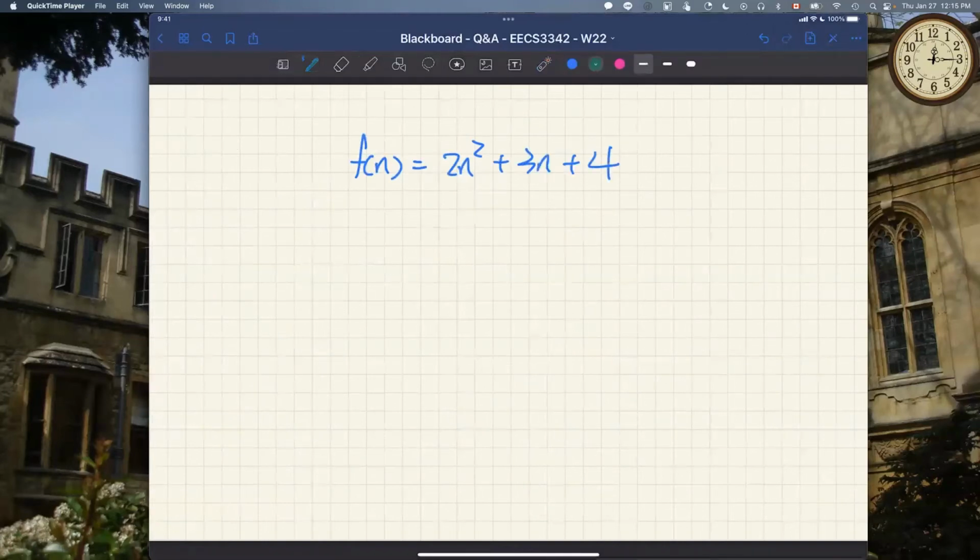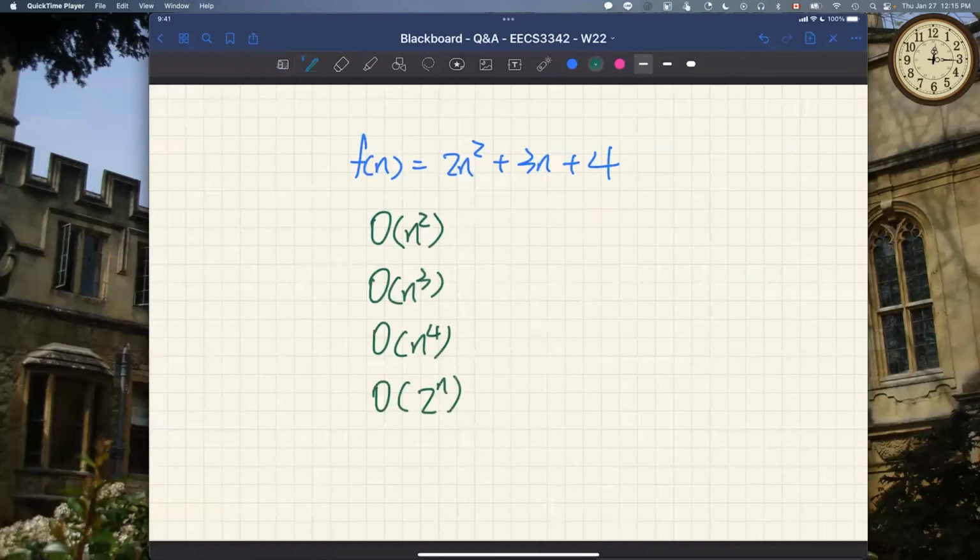I'm pretty sure if I ask you what's the asymptotic upper bound for this function, you would say it's big O of n squared. Agree? It's the most accurate way to say that. However, it will not be wrong if I say it's also big O of n cubed, big O of n to the 4, and also big O of 2 to the power of n. It's just not accurate.